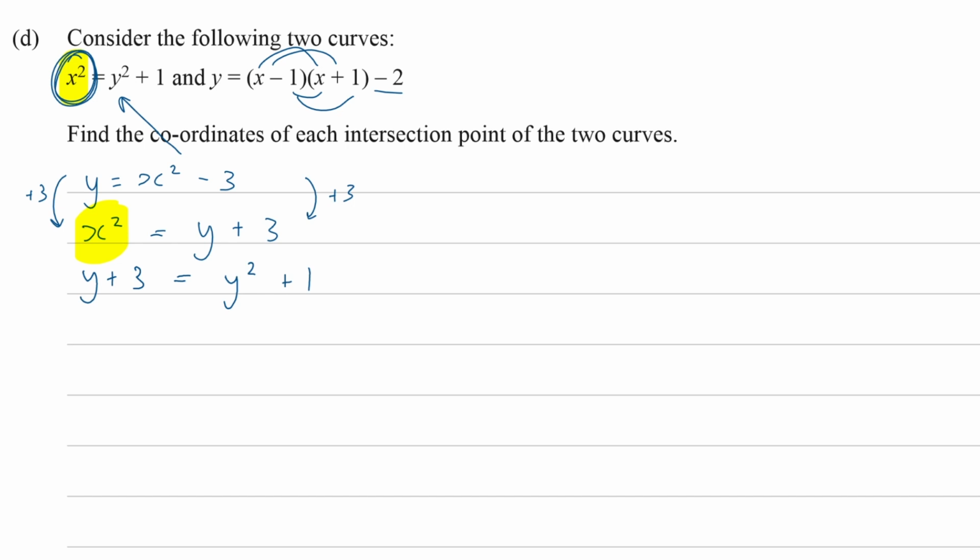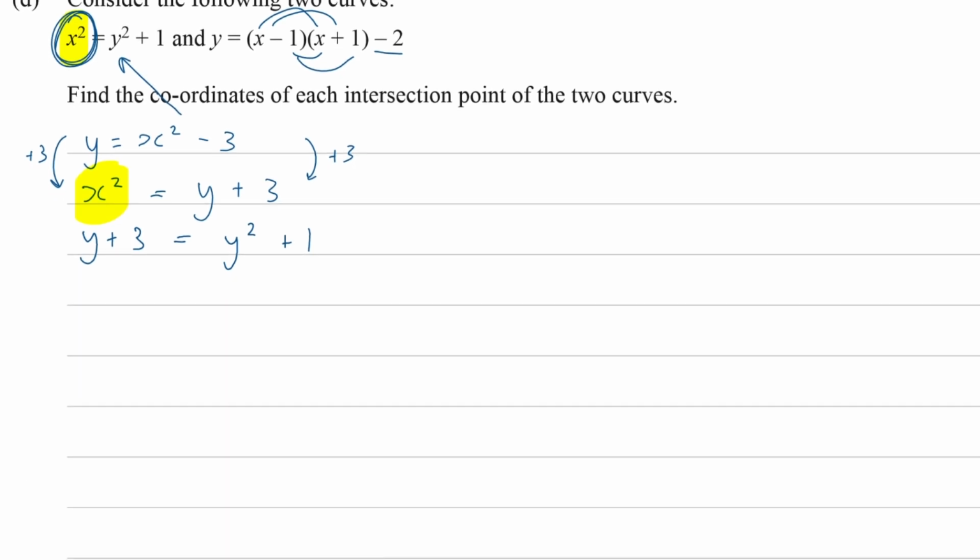Bring everything to one side. I'll take it to the right hand side. So that's y squared minus y, and then 1 minus 3 minus 2 equals 0. Great. Now we can solve for y by factorizing or using the quadratic formula.